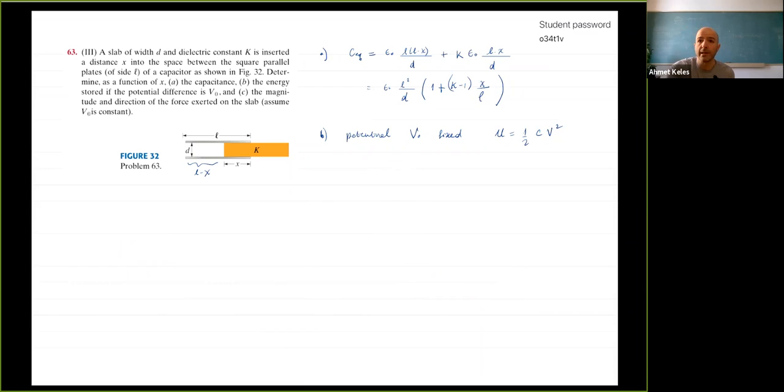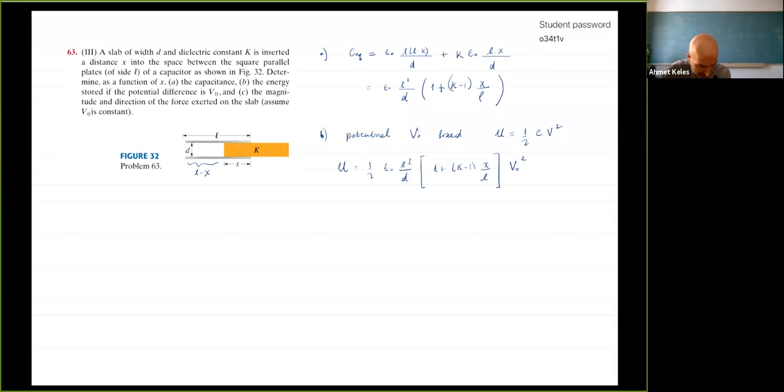C, I just calculated: epsilon naught L squared over D, times 1 plus k minus 1 times x over L. And last is V naught squared, right?